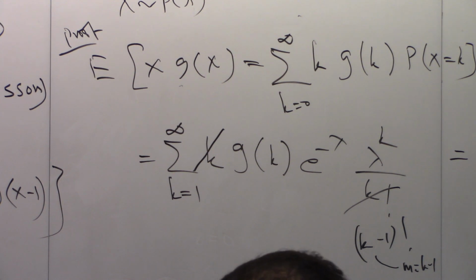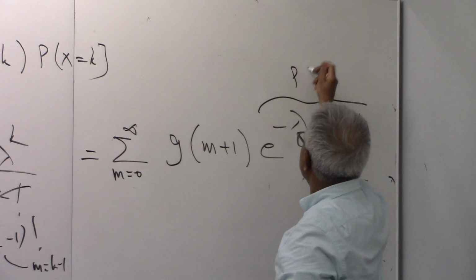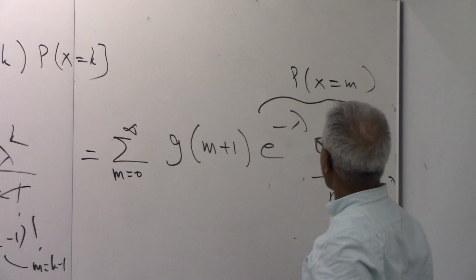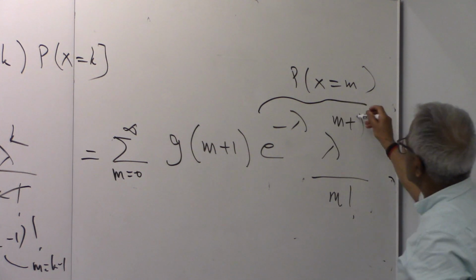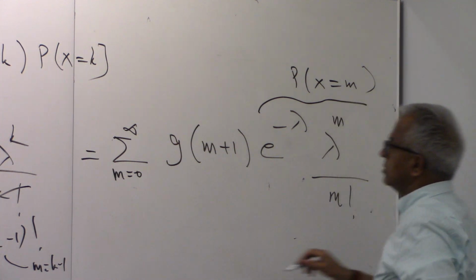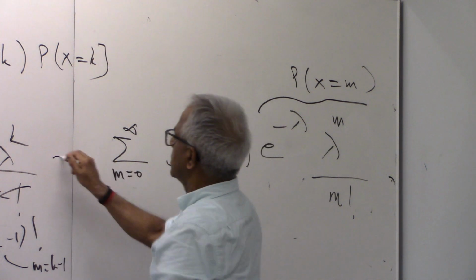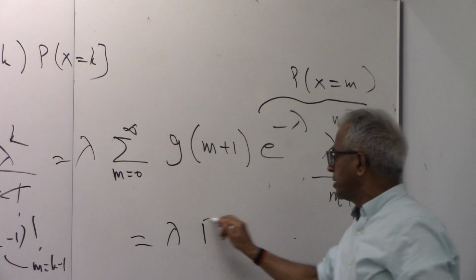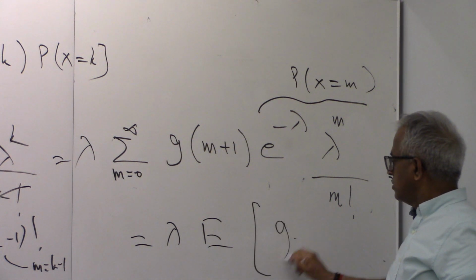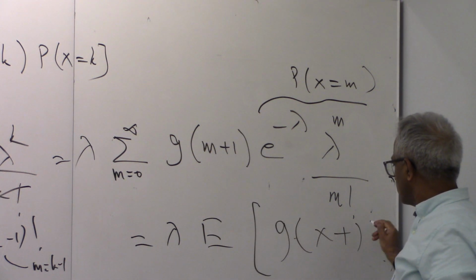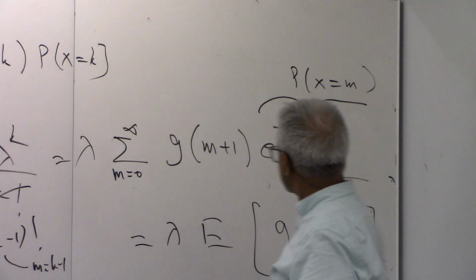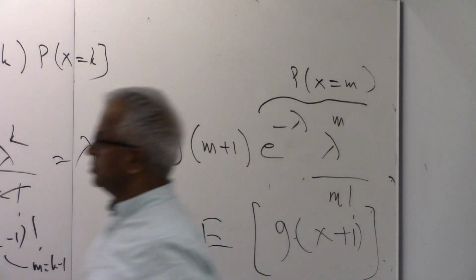But look at this. This formula is almost like this, because this is the probability of x equal to m plus 1. So because of this plus 1, I'm going to take lambda outside. Then this whole thing reads lambda times the expected value of g of x plus 1. And that's the formula: g of x plus 1, not minus 1, x plus 1.